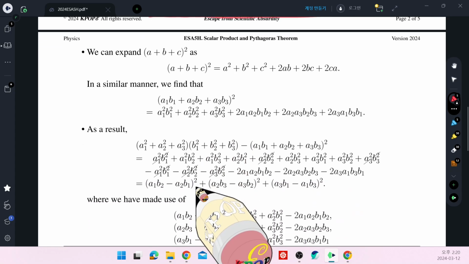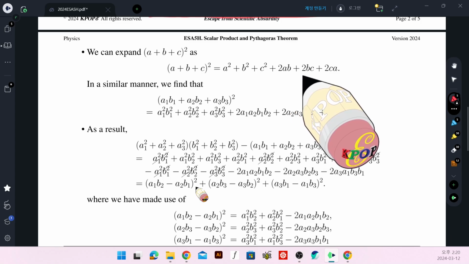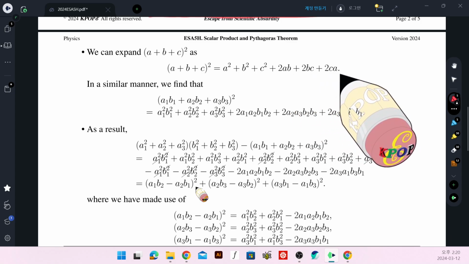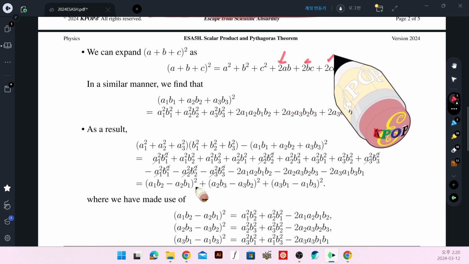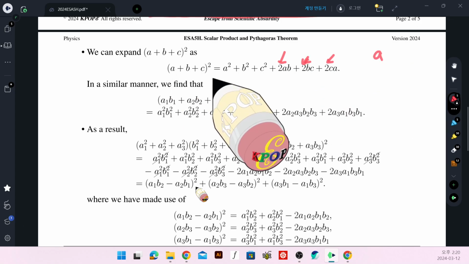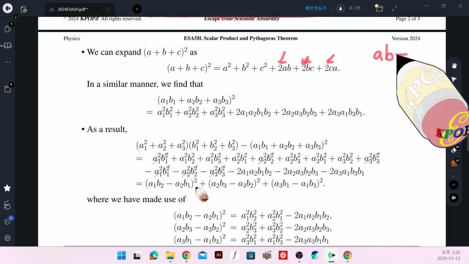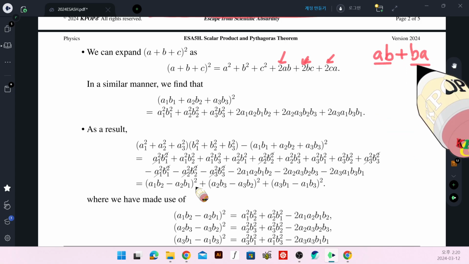The result is a squared, b squared, c squared, and 2 times a times b, and 2 times b times c, and 2 times c times a. The reason why we have a factor of 2 is that we have an expansion of ab and ba, and because of the commutative law, these two products are identical to each other.